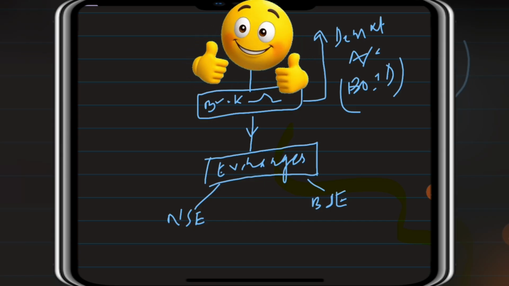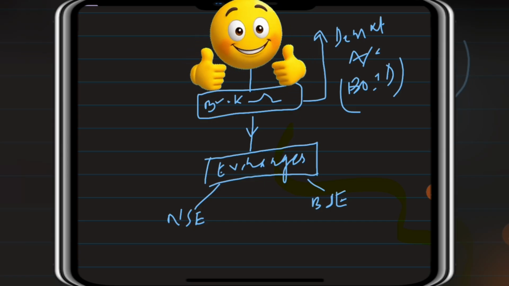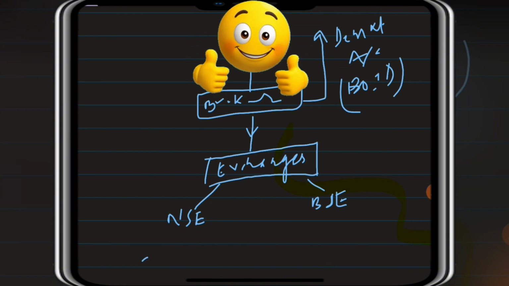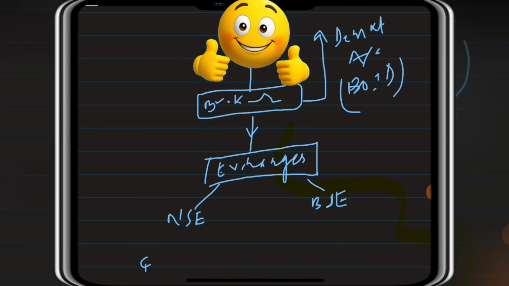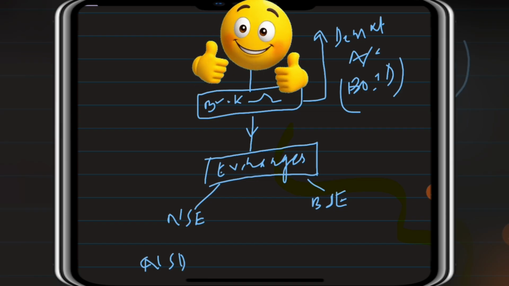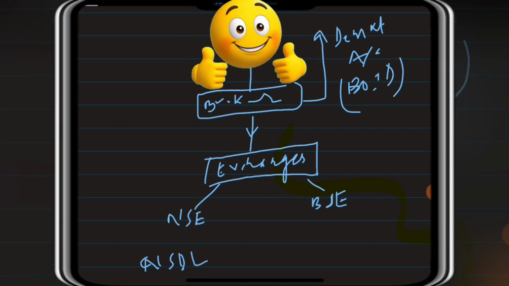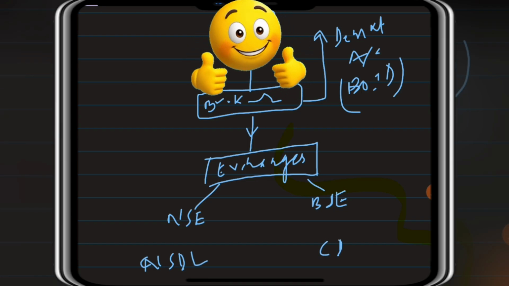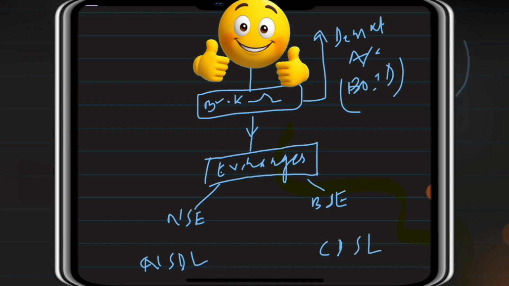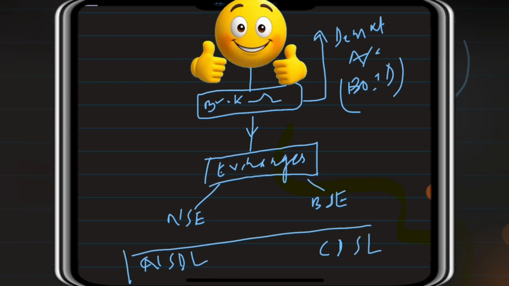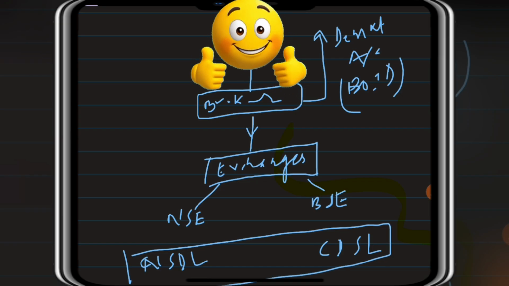But when we buy the stock, where will it get stored? It will be stored in depositories. There are 2 depositories, NSDL and CDSL. They are basically called depositories.